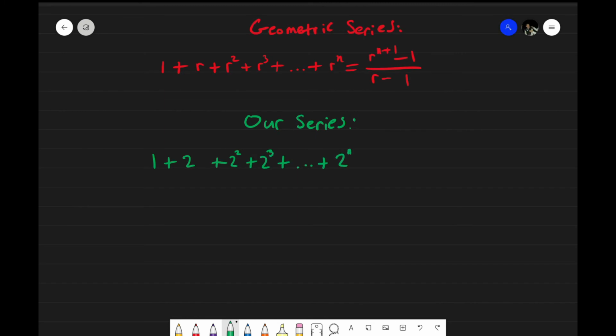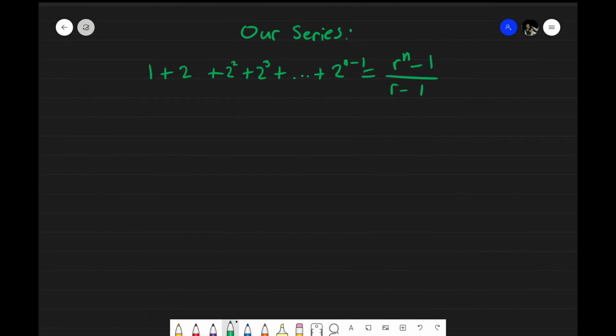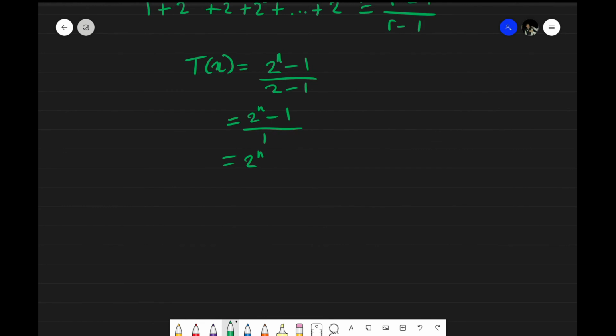We just have to subtract 1 from r's exponent on the right-hand side to balance it out. Finally, we know our r is just 2, so let's plug it in and see what our runtime is. We land on big O of 2 to the n because in big O notation, constants are dropped.